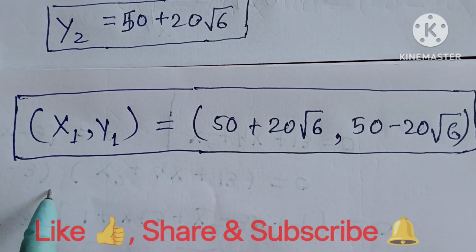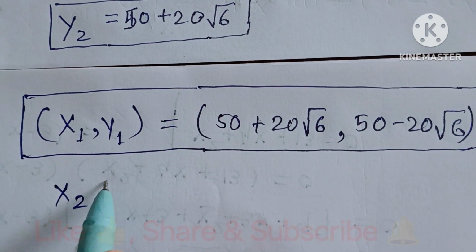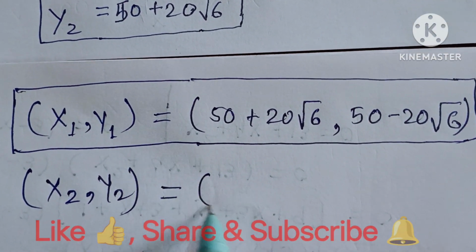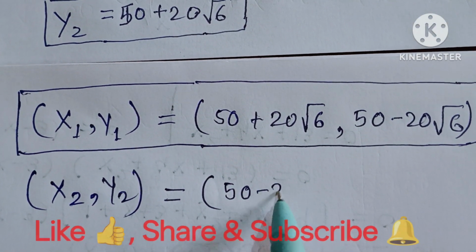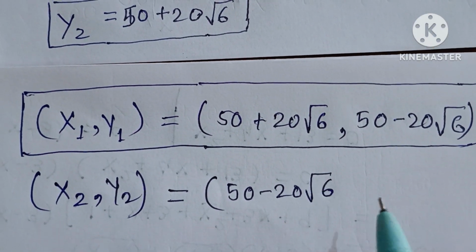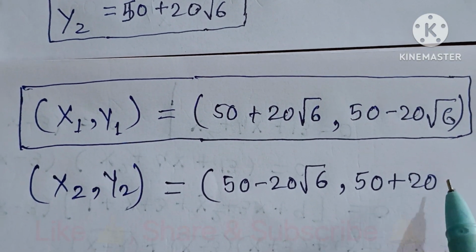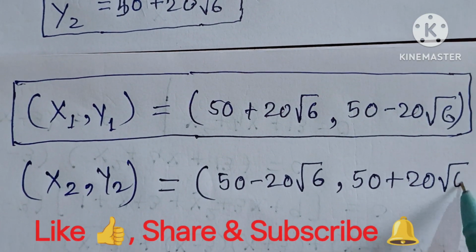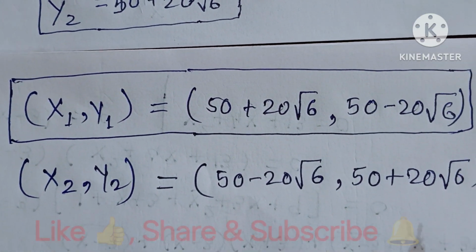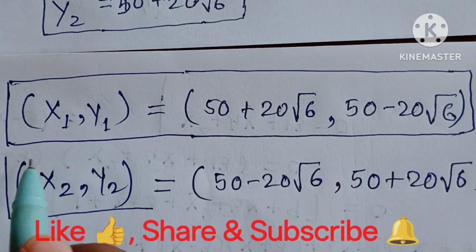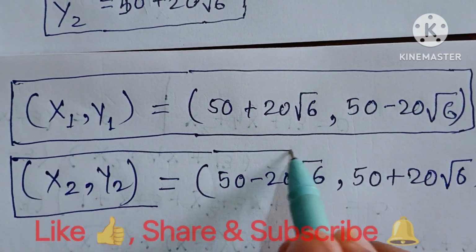Then value of x2, y2 equal to 50 minus 20 under root 6, comma 50 plus 20 under root 6. These are the values of x2 and y2.